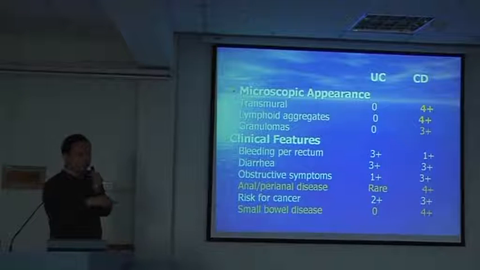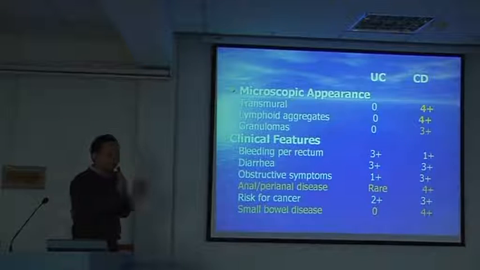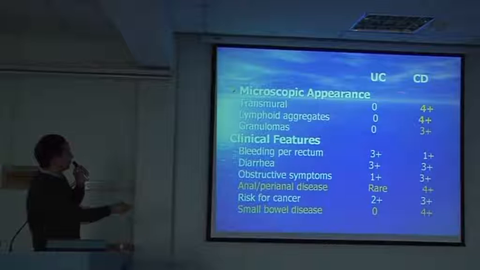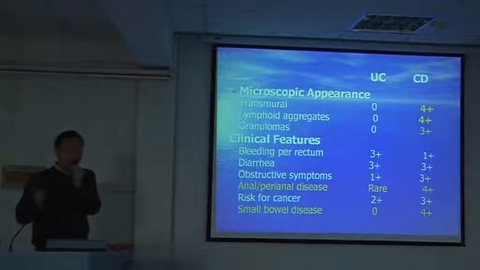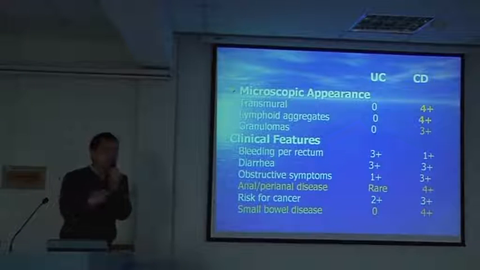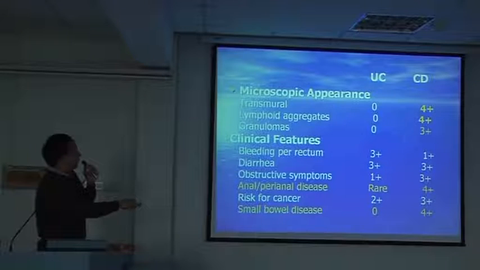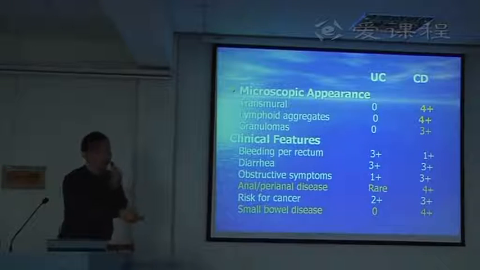So the microscopic appearance. Usually the patient receives a colonoscopy examination, then we do a biopsy if we find a lesion. Microscopic appearance for Crohn's disease: granulomas. Several diseases have granulomas; for example, tuberculosis has granuloma. And if you find granuloma, it should be Crohn's disease.